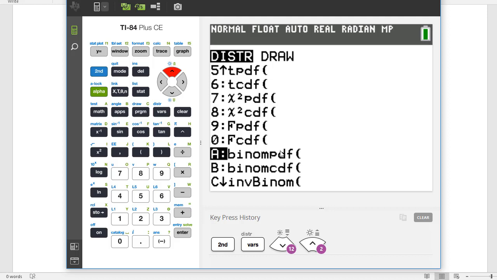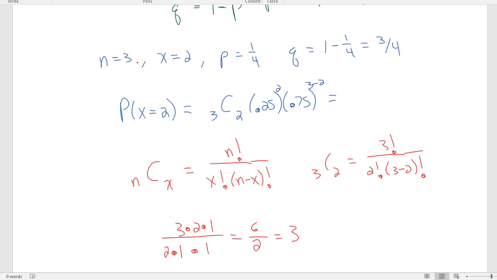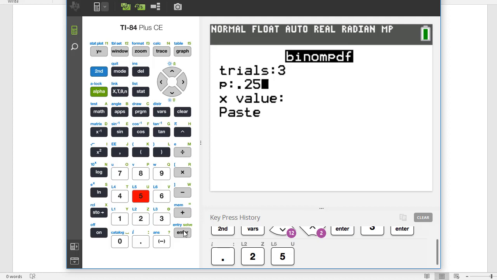So if I choose binomial PDF, it's going to bring me to the home screen and ask me for that information that we wrote down. For example, we had 3 trials, the probability of success was 0.25, and I want 2 successes.